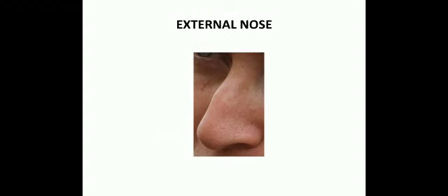The parts of the external nose include the root at its junction with the forehead, the tip or the apex, and the rounded border between the root and the tip along with the adjoining area, known as the dorsum of the nose.